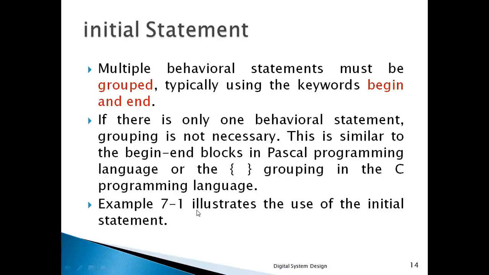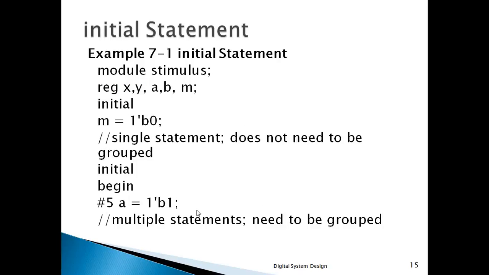In the next slide, an example is given which illustrates the use of the initial statement. In this example, a module is defined known as stimulus. These are variables of register type.